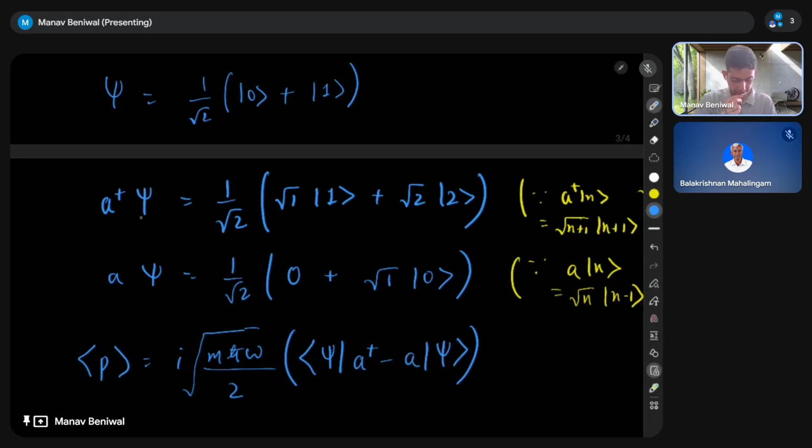And then if we do this operation, basically we can see that here we have states 1 and 2 when we do a dagger, and our psi is this state.